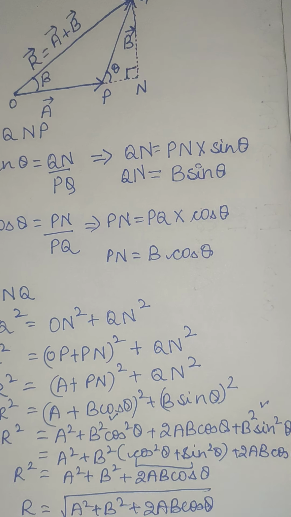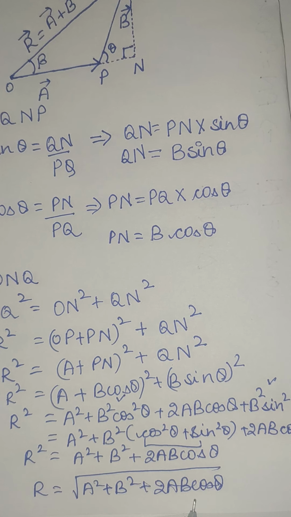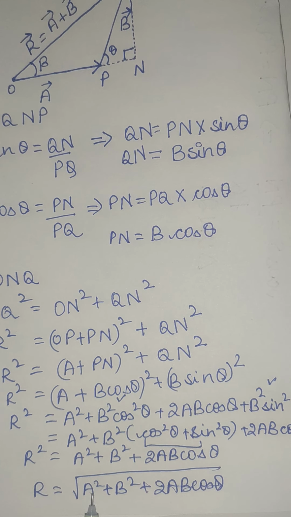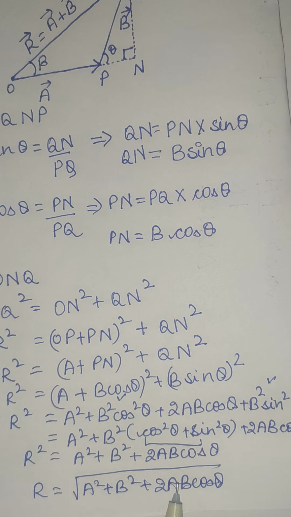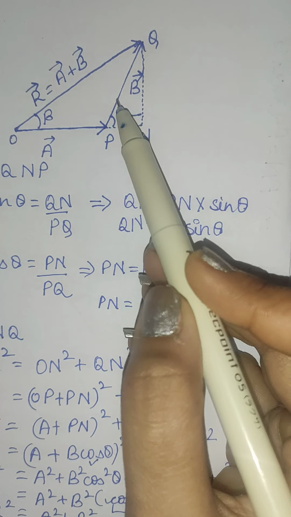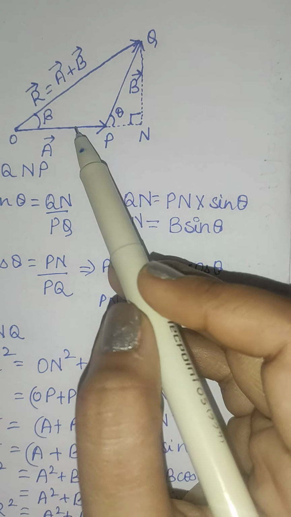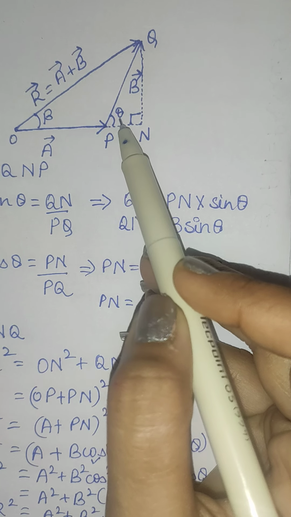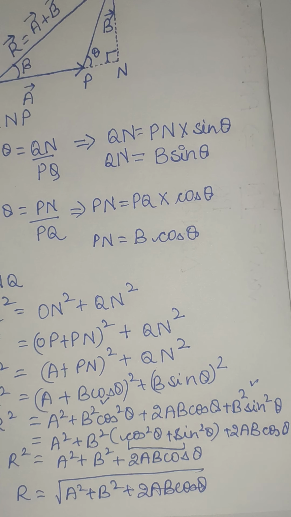Whenever you have two vectors A and B and you have the magnitude of the vectors and you need to find the resultant, you'll simply square the magnitude of A, square the magnitude of B, plus 2 into magnitude of A into magnitude of B into cos theta, where theta is the angle between the two vectors. Hence you can easily get the value of magnitude of the resultant.